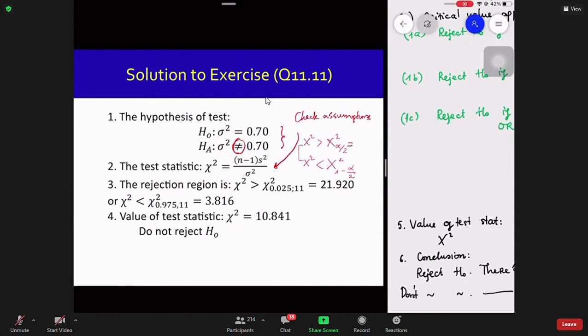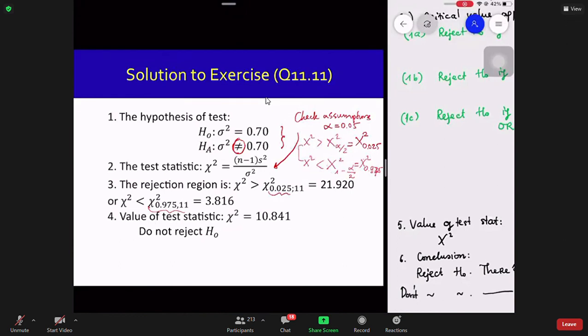So chi-square α/2 is 0.025, because we have α here equal to 0.05. And this one here is chi-square 0.975. So that's why you have 9.5. That's why we have this value here. Okay.